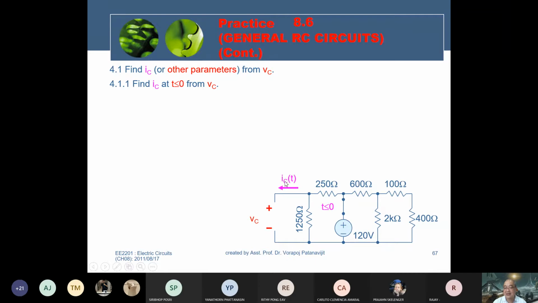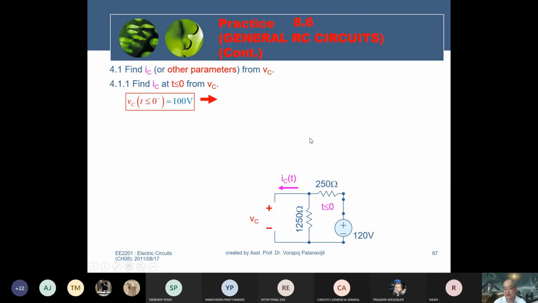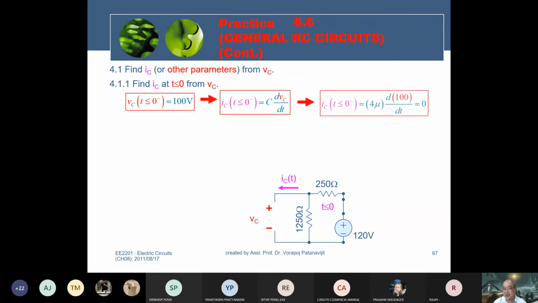Therefore, IC, the capacitor current, equals C dV/dt, the time rate of change of the capacitance voltage. If the capacitance voltage is fixed, IC is 0. Take the derivative of 100, a constant.